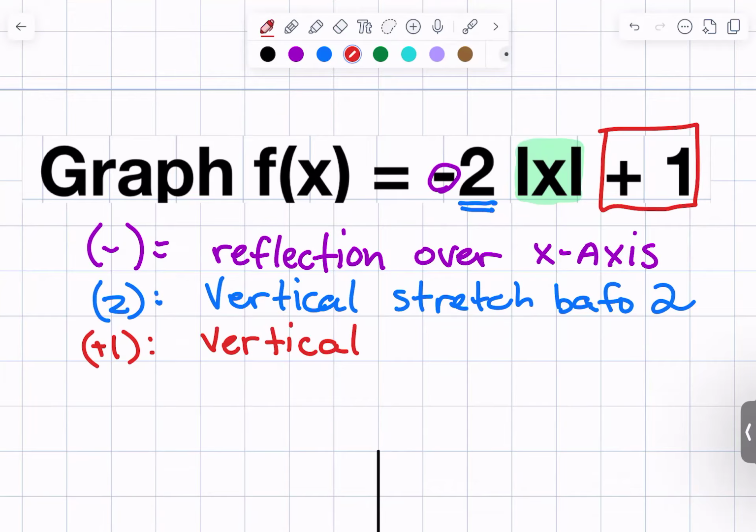So if we're adding, are we shifting this up or down? Up 1 unit. Right? Okay. Questions on this? No? We got the description down, correct? Description downloaded.